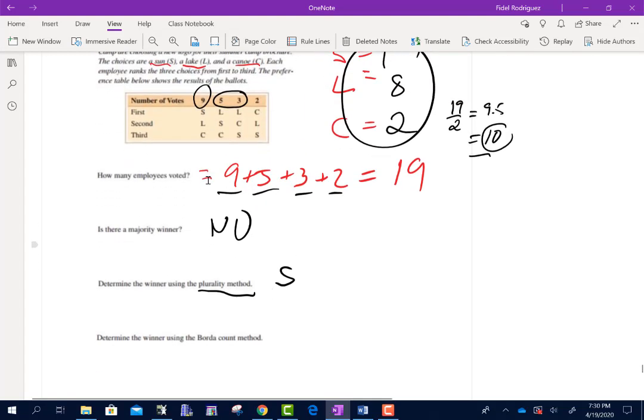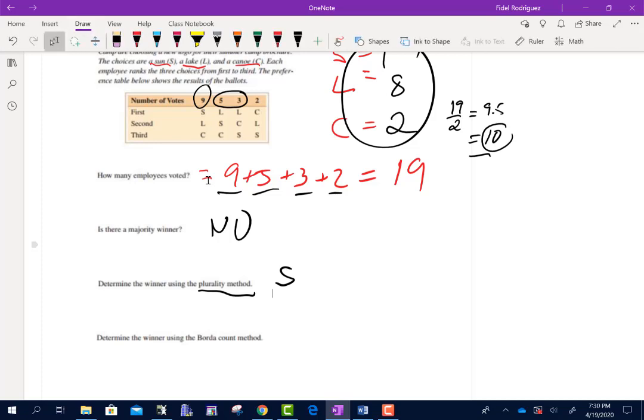Okay, Borda count method. So remember how we're going to do the Borda count method. We are going to look at each of our options: sun, lake, and canoe. For the sun, I'm going to count the number of third place, second place, and first place votes. In this one here, we only have 3 choices, right?